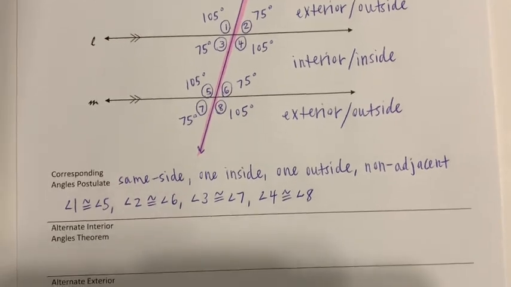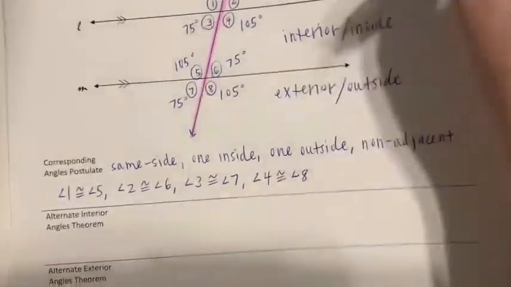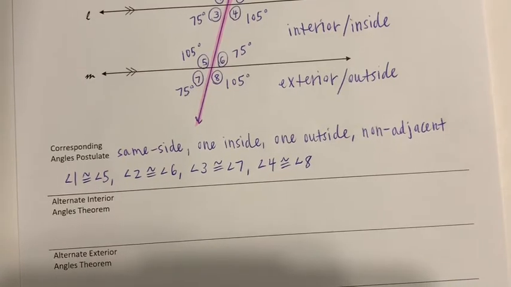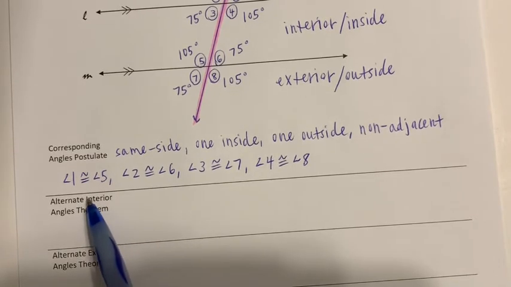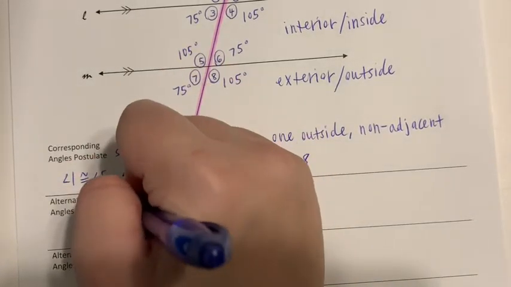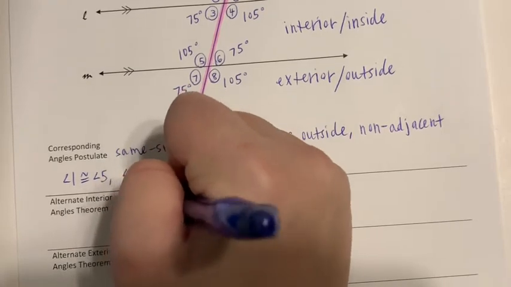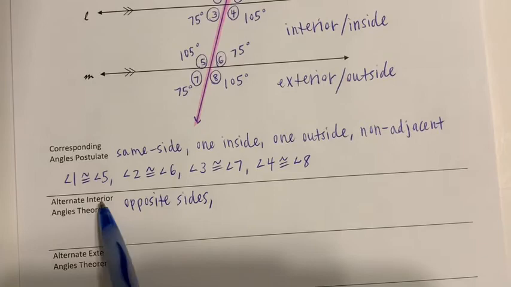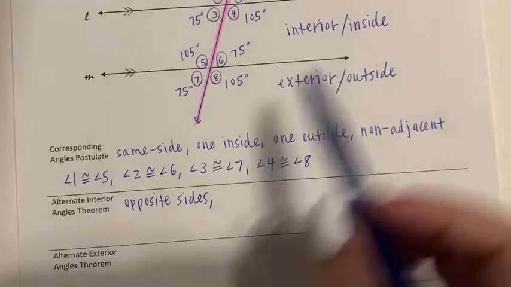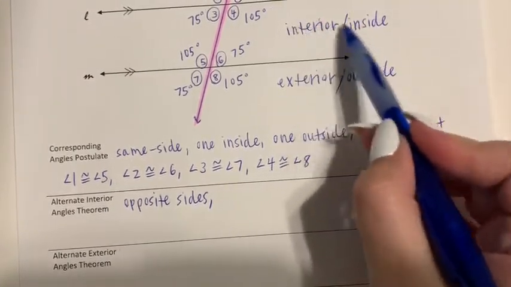Next, we can look at alternate interior angles theorem. And alternate, well, that sounds like they now are no longer on the same side of the transversal. Now they're on opposite sides of the transversal. So I'll say that they are on opposite sides. Interior, well, that means they both need to be in my inside interior region.